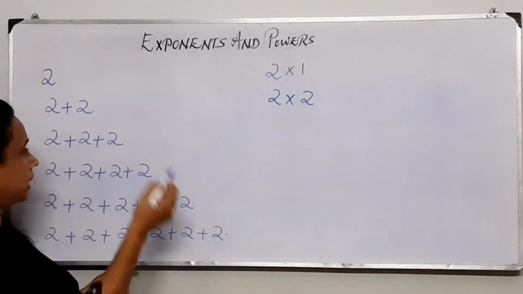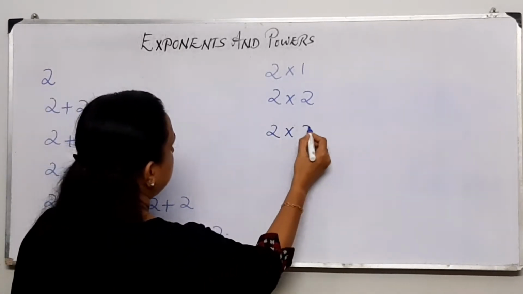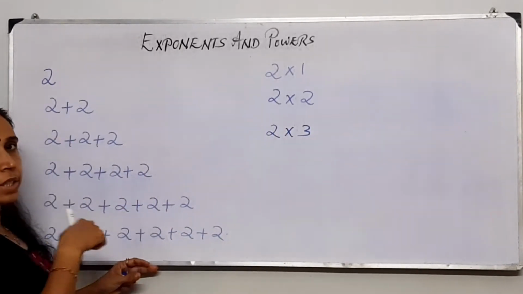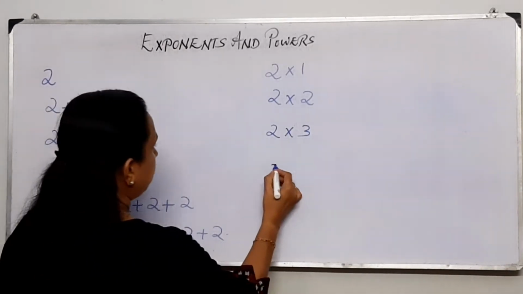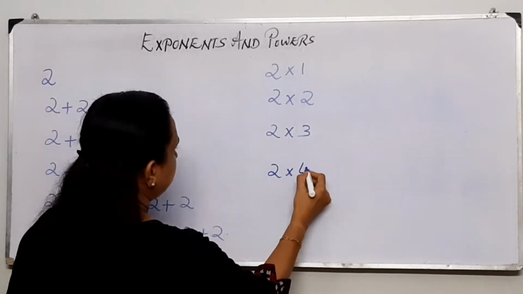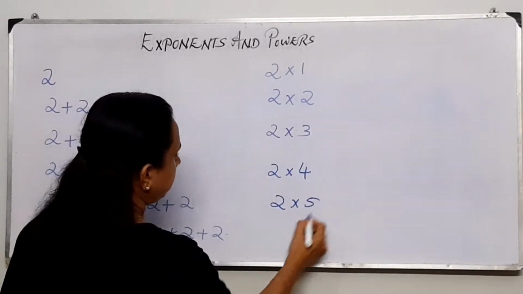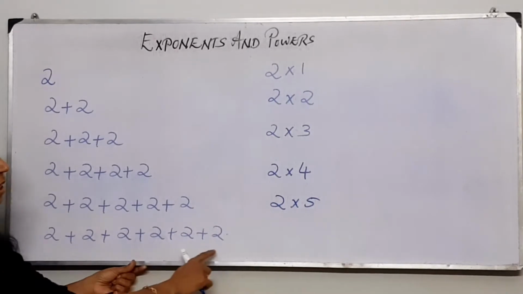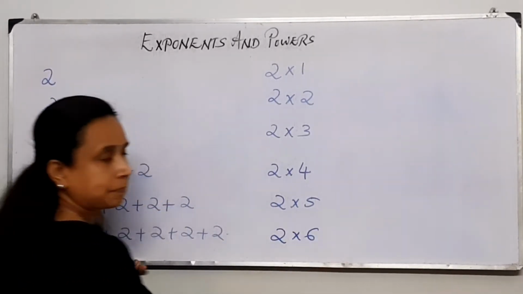Now 2 is added 3 times, that is 2 is multiplied with 3. Next one is 2 added 4 times by itself, so 2 is multiplied with 4. Next one is 2 multiplied with 5. The last one is 2 multiplied with 6.